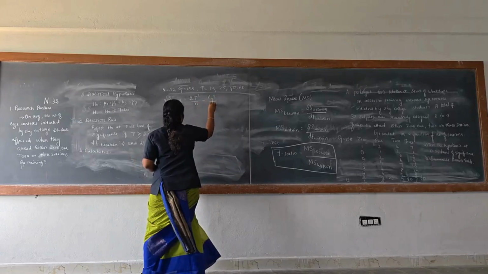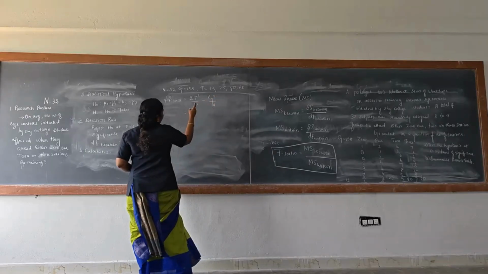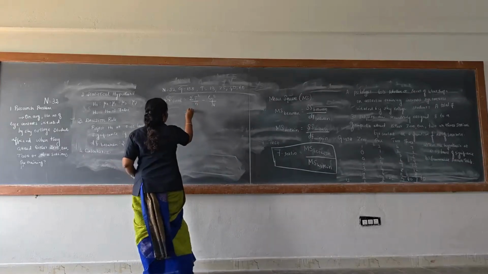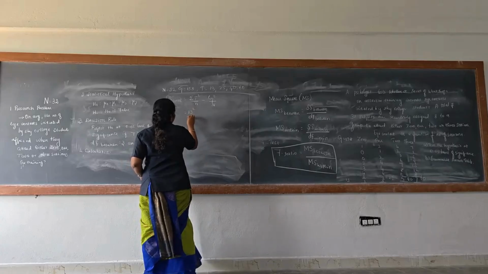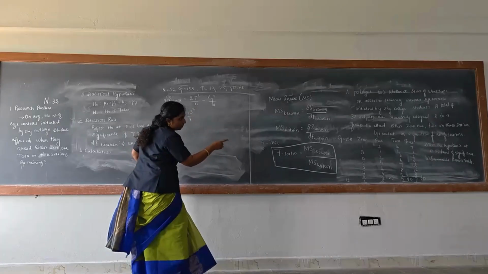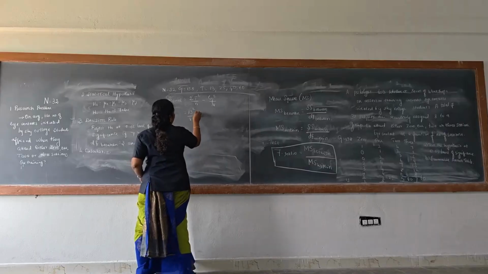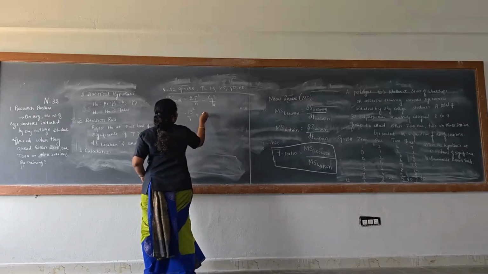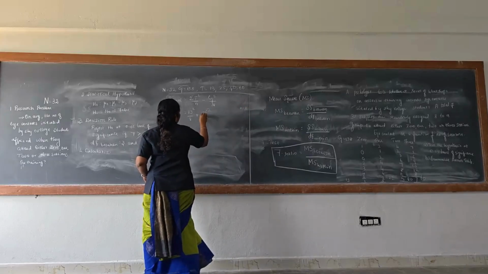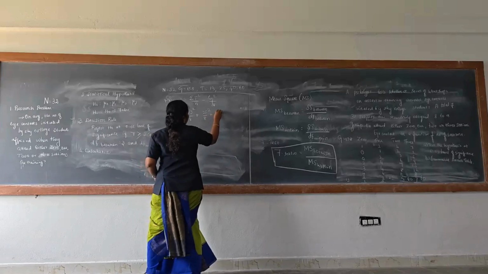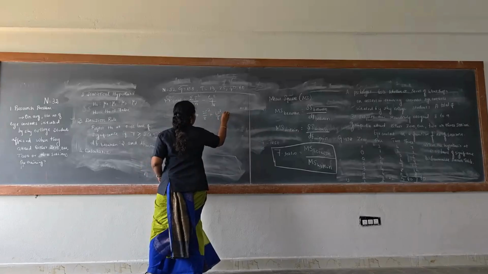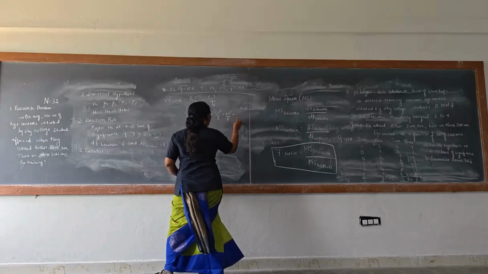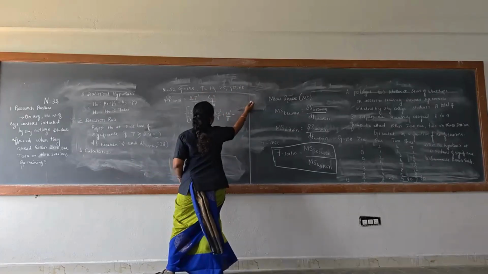So you can write 13 square divided by 8, where 8 is the number of values in each column, so small n is equal to 8, plus 25 square divided by 8 plus 40 square divided by 8 plus 60 square divided by 8 minus G square, that is 138 square divided by capital N, which is 32.